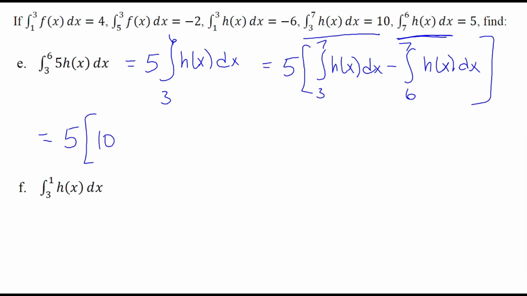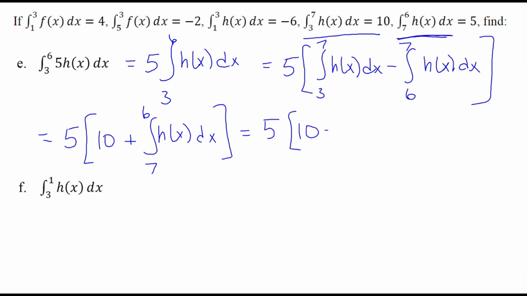And then we're actually going to flip that limit of integration, right, to make it 7 to 6, because we do have that one. And when we do that, we turn it into a plus sign here because it was already a minus sign. So we're going to say plus the integral from 7 to 6 of h, which now is 5 times 10 plus 5. And 10 plus 5 is 15, and 5 times 15 is 75.